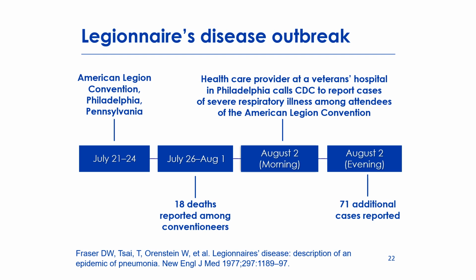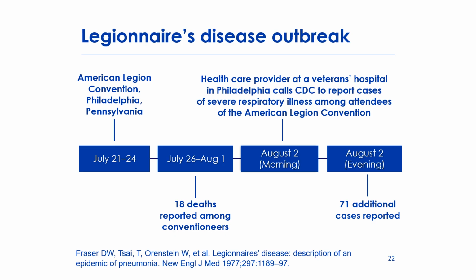Soon after the convention began, a substantial number of attendees were admitted to hospital emergency departments or were examined in doctors' offices with acute onsets of fever, chills, headache, malaise, dry cough, and muscle pain.